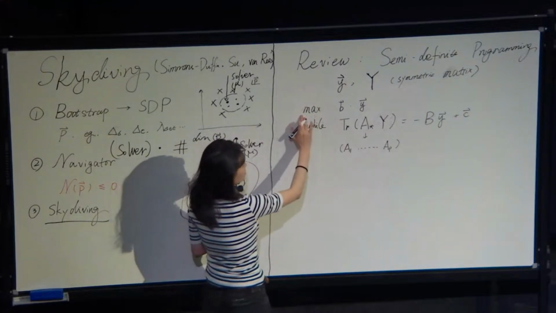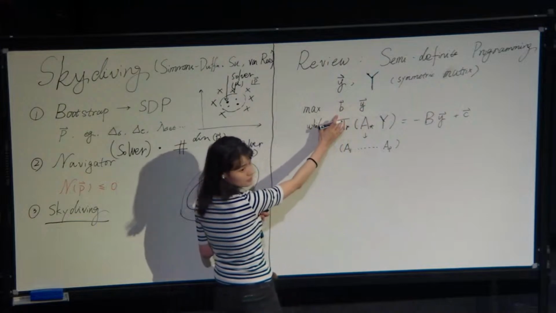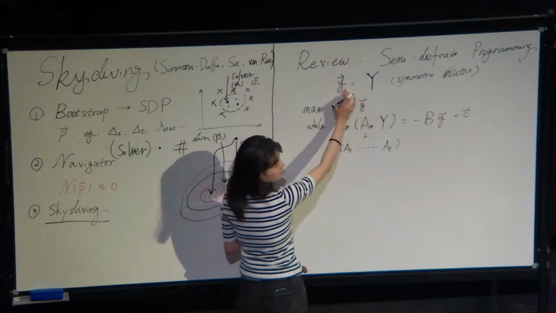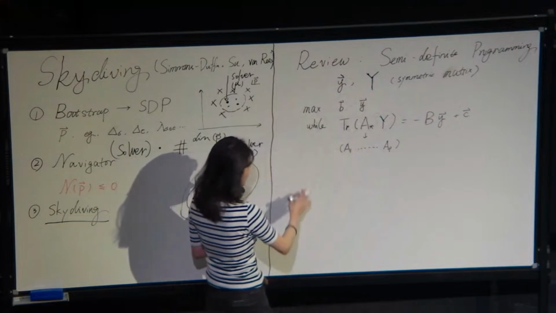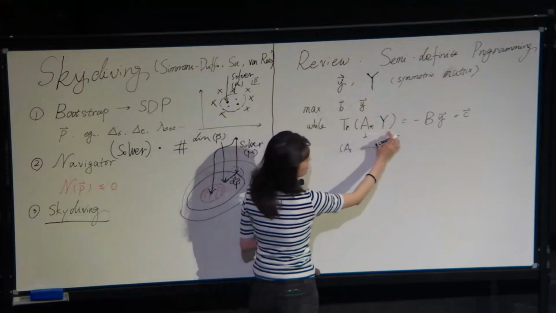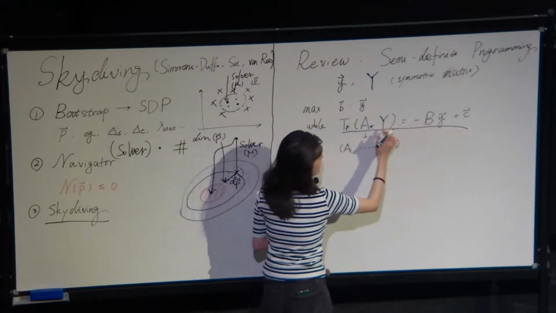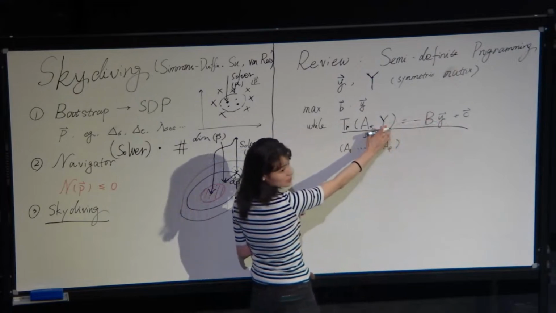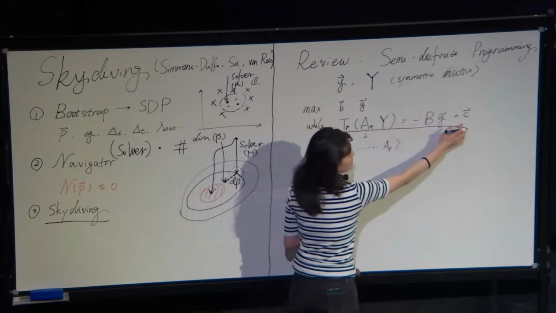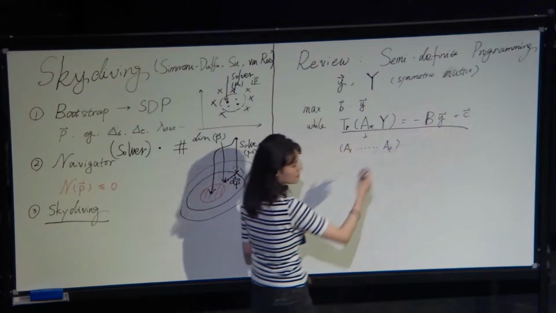And we want to maximize our objective function, which is the inner product between a constant vector b and this variable vector y, while satisfying these equality constraints, where again, little y and capital Y are the variables, and the others are some constant matrices or vector-valued constants.